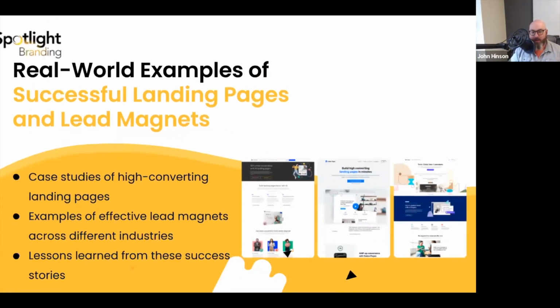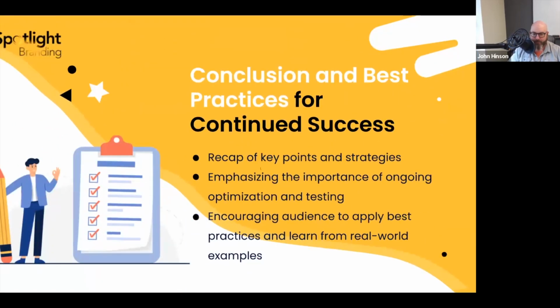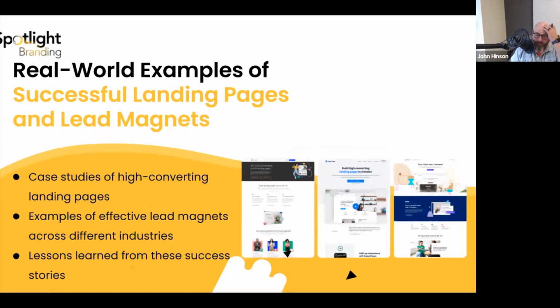Some examples of successful landing pages and lead magnets. We've got a bunch of different case studies of things that some bigger companies have done here, and we'll get to those in just a second. But for us, the things that I see a lot, especially for the legal industry, and Graham, maybe you can speak to some other industries here, is almost just a free report or a special report or a short white paper.